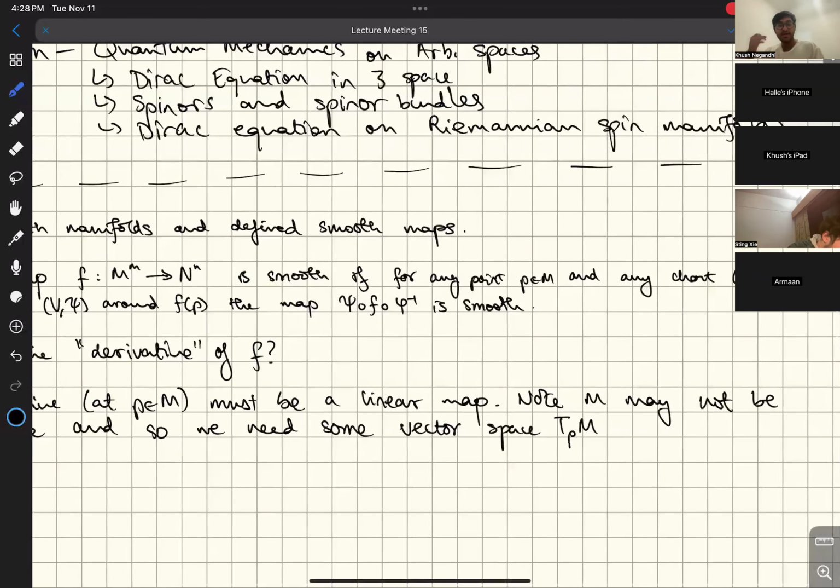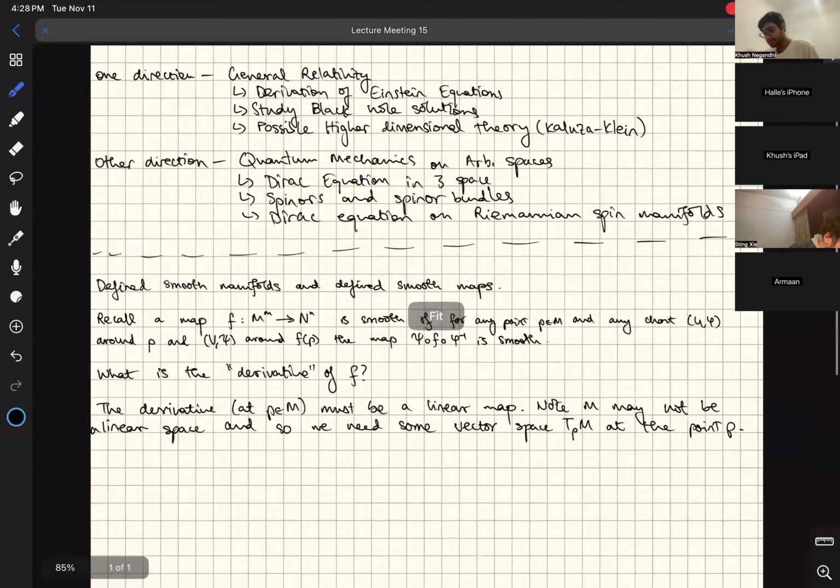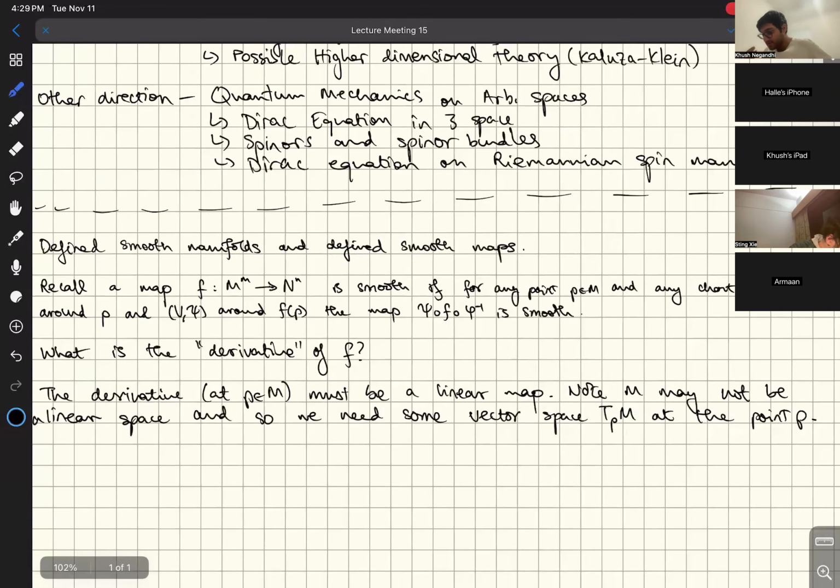Okay, vector space TPM at the point P. So basically the idea is we'll define a vector space at each point. Okay. And we'll see how somehow these vector spaces will all be pretty much the same, at least up to isomorphism.